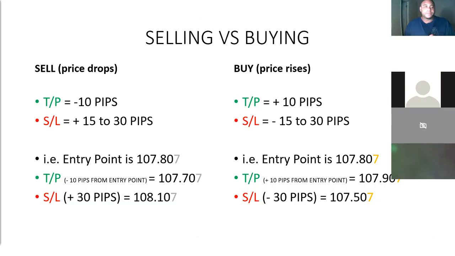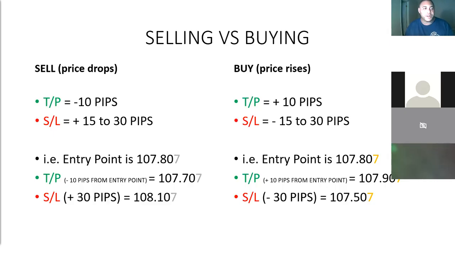So when we look at selling versus buying, when you sell, you're expecting the market to go down. So for your take profit, you're going to subtract 10, and it's just what we start off with. We just tell people to subtract 10. As you develop your skill of learning how the market moves, then you can adjust your take profit to whatever you feel comfortable with, whether it be 10 pips, 15 pips, 25, 100 pips, 100% up to you.